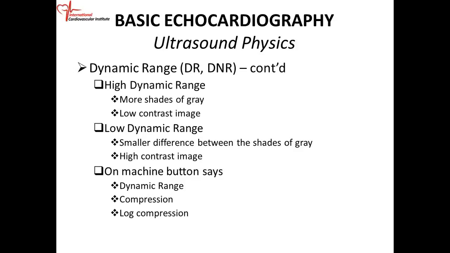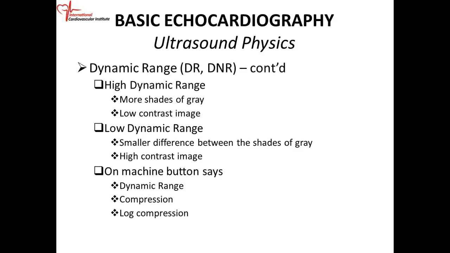Basically, if you have a high dynamic range, it means you have more shades of gray, and a low contrast image. With a low dynamic range, there's a smaller difference between the shades of gray, and you have a high contrast image.